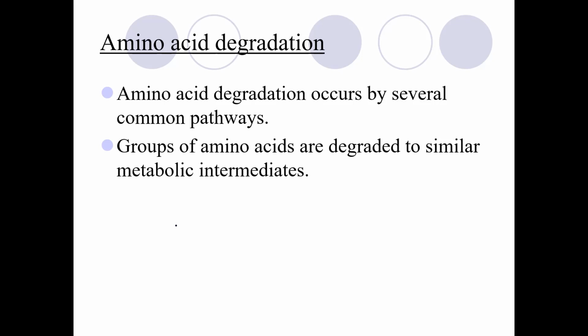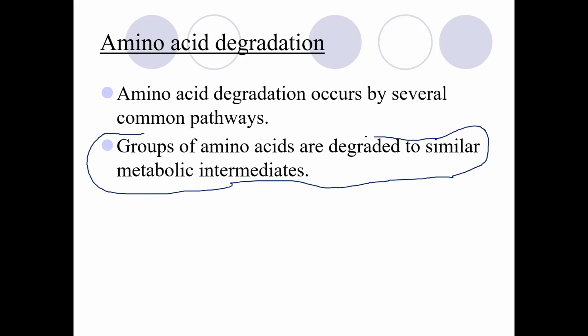That way it has one common pathway and then branch points of those pathways. So this is really true right here. Groups of amino acids are degraded to similar metabolic intermediates by similar common pathways. That's the piece I need you to hang your hat on, common pathways.